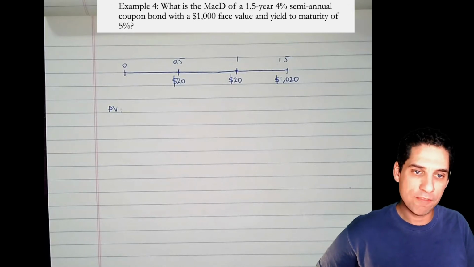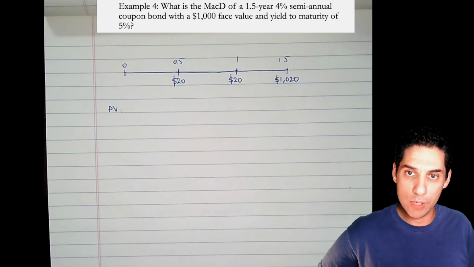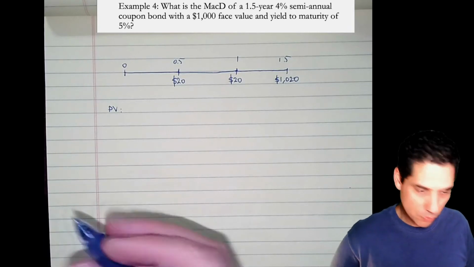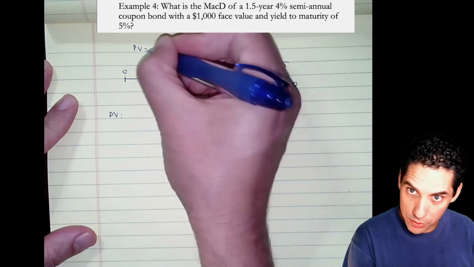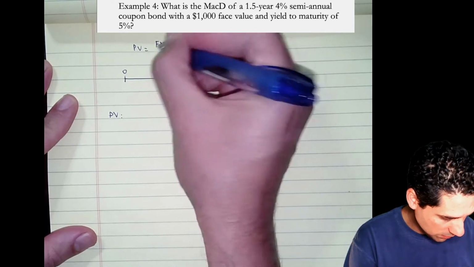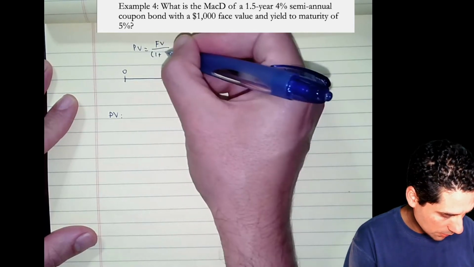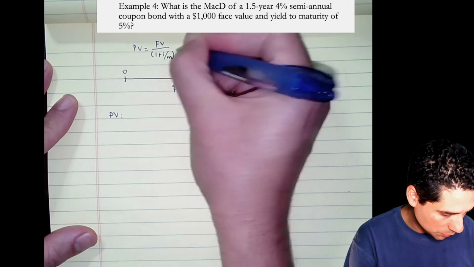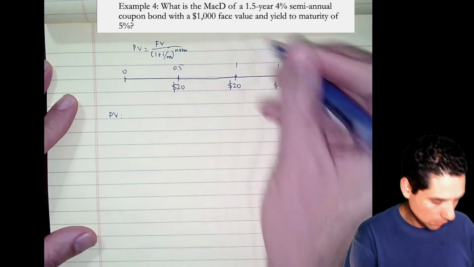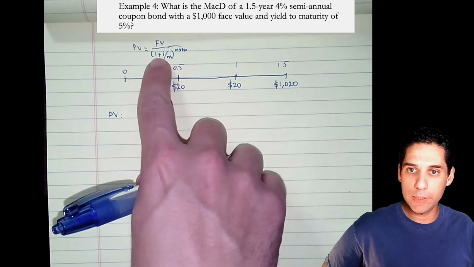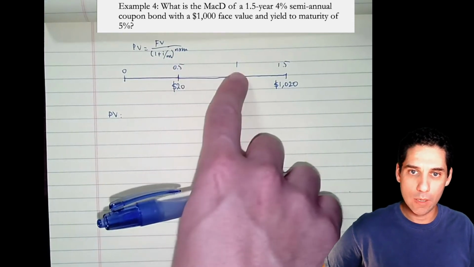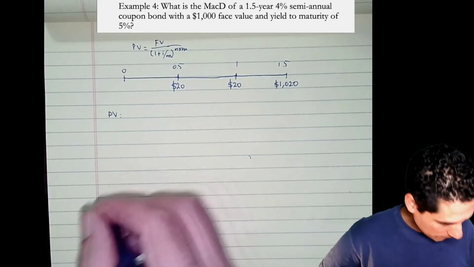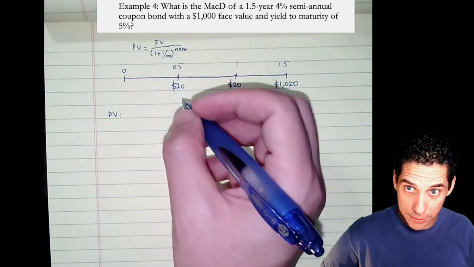We have FV divided by 1 plus i over m raised to n times m. This is the formula we are using for each one. Here i will be the yield to maturity, 5%, m is 2, and n is however far from year 0 we are.